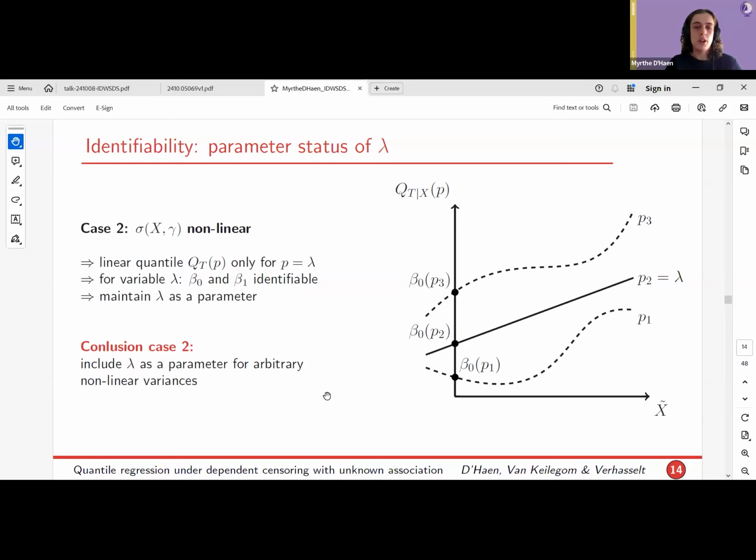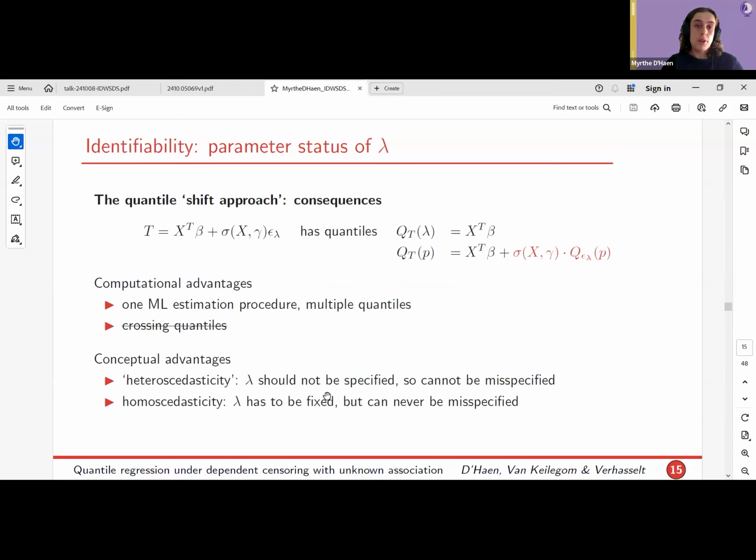So in that case, it's important to include lambda just as a parameter that also has to be estimated from the data. This shift approach, moreover, comes with some advantages. As I said, if you do not specify it, then you can also not misspecify it.